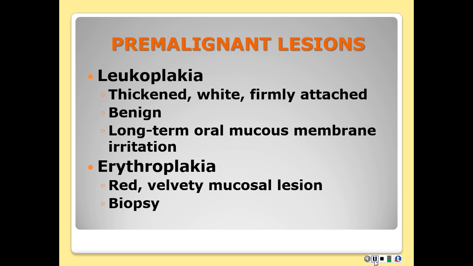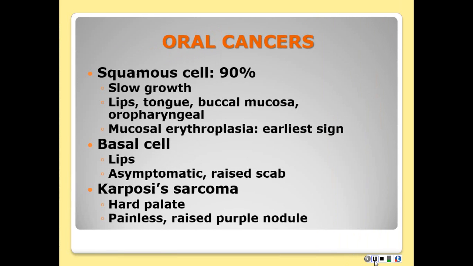So the lesions, we're going to biopsy them if we need to and watch them. They can become cancerous. When we have oral cancers, usually 90% of them are squamous cell, slow growing. And notice that the earliest sign is erythroplasia, swelling, redness of the mucosa.